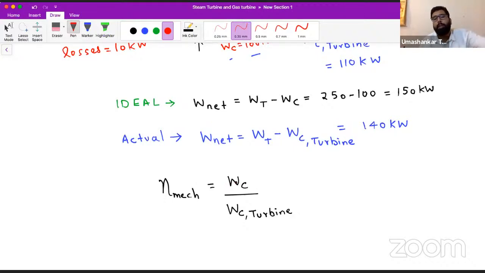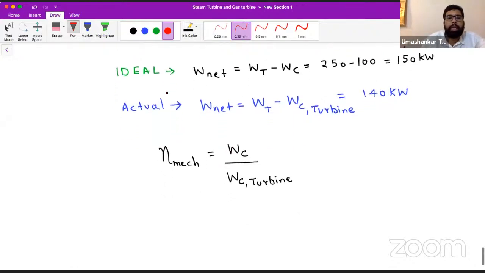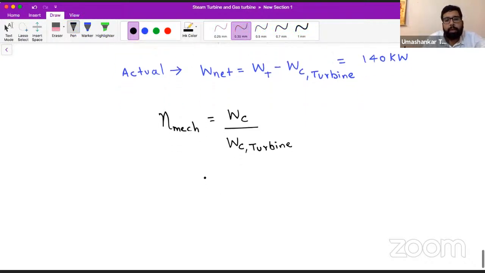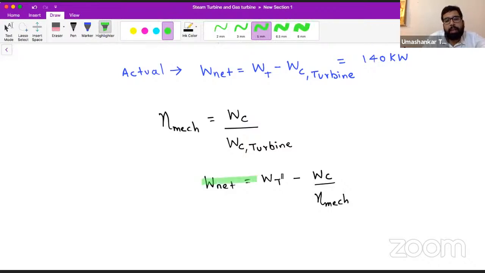If I replace this over here, W net will be WT minus WC upon mechanical efficiency. We can do it like this. So whenever mechanical efficiency is given, you can apply it like this.